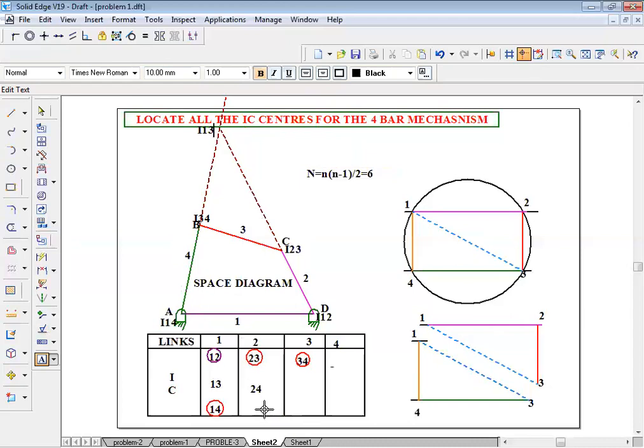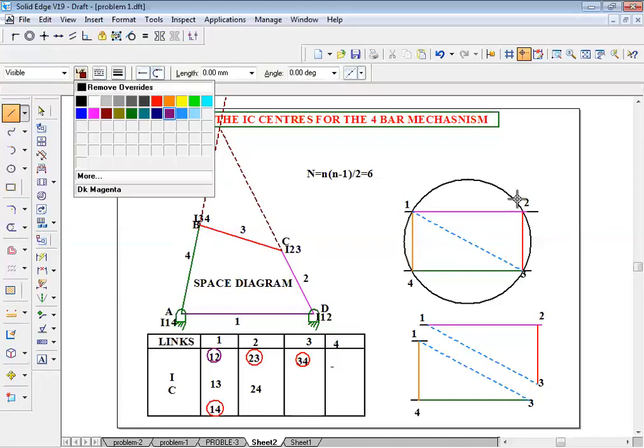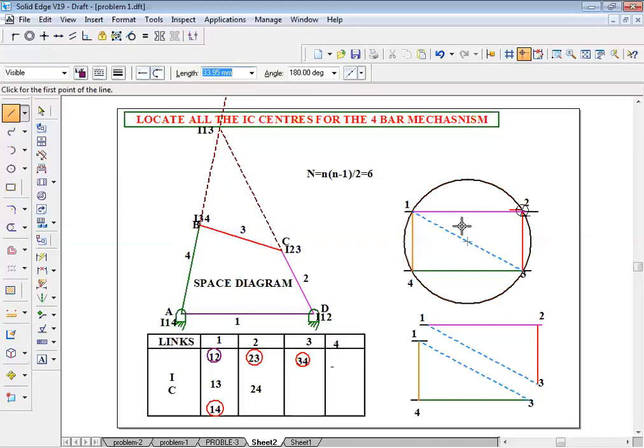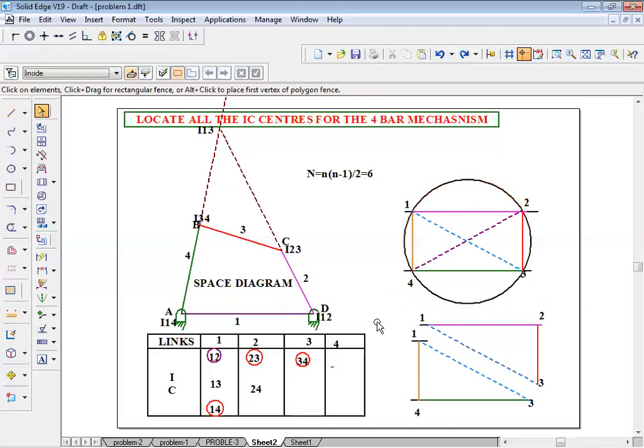Now the last one, that is I24, we need to find. For that we need to join the diagonal. Therefore again they form two triangles, that is you can see 124 and 234.